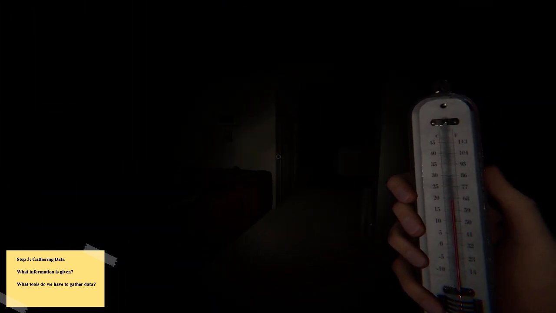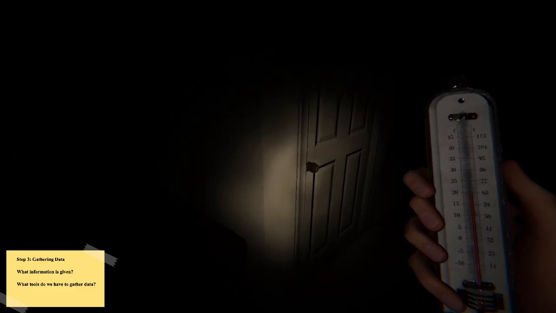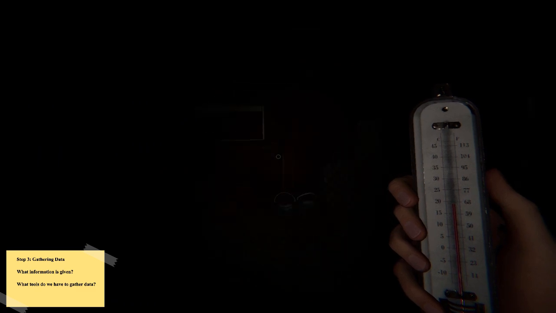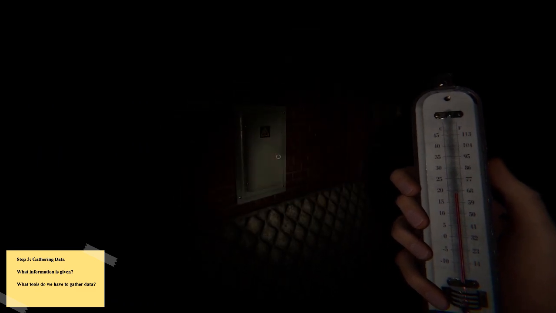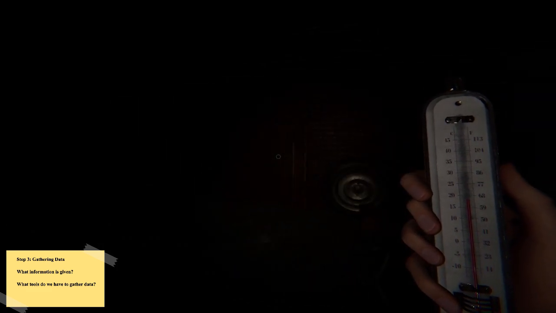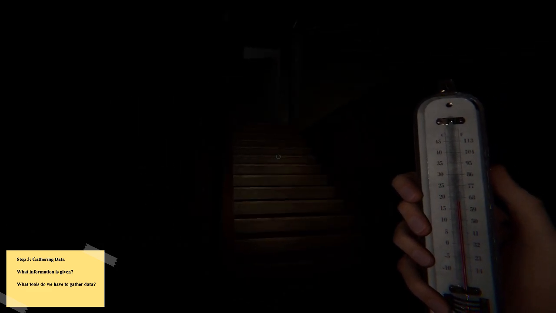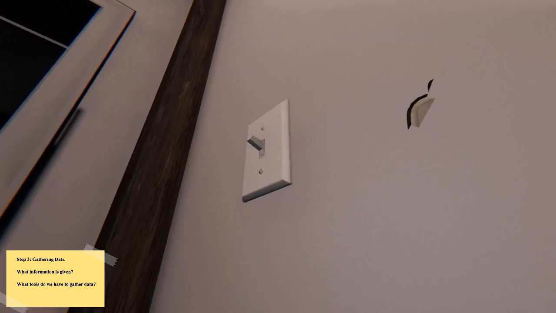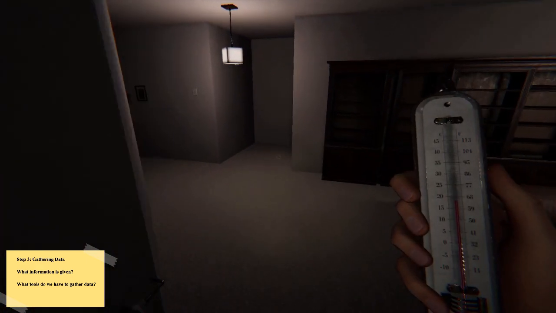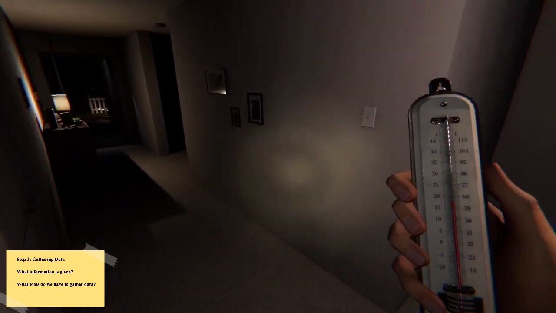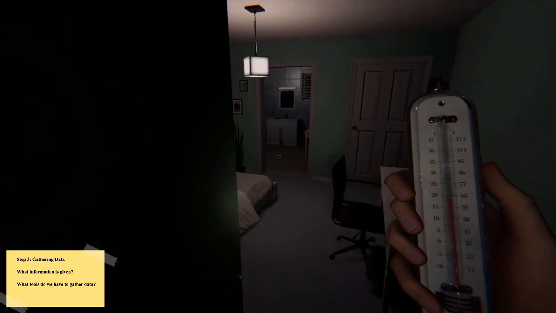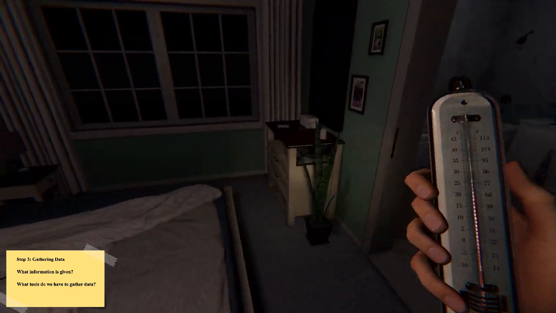We have a ghost that already is turning the lights off on us. Let's go turn those back on. Silly. Okay. Back to where we were.